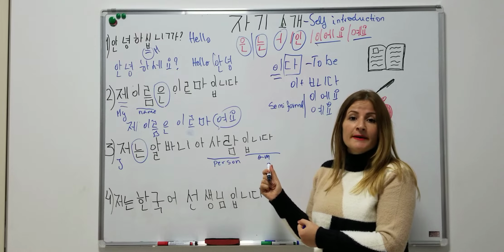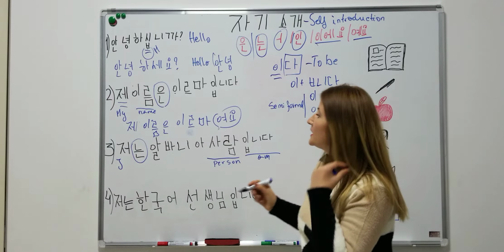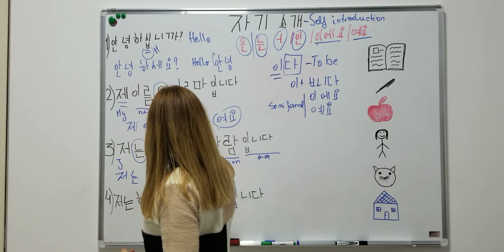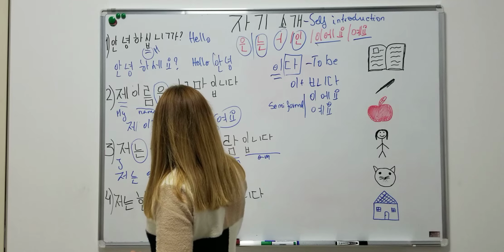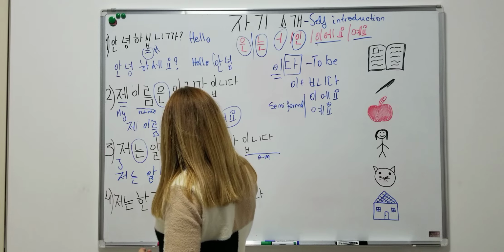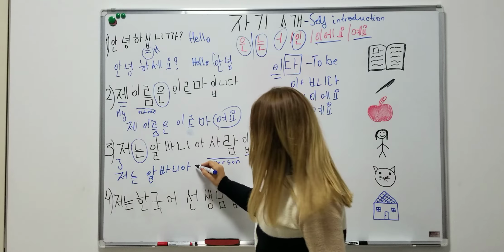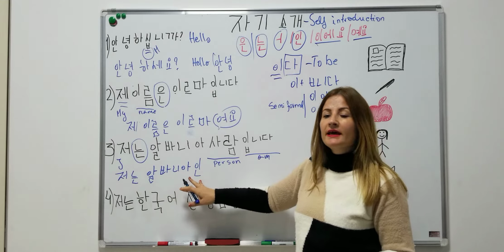This is 존댓말. If I want to use the semi-formal way, I would say 저는 알바니아 사람 or 인, let's say in this case, 인이에요.